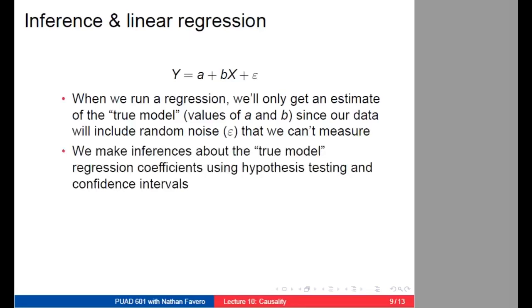When we are trying to do regression analysis and we're trying to do something like assess causality, often we refer to what we call the true model. In other words, we believe that there's some true relationship between the independent variable and the dependent variable. And we want to know what the true effect is.